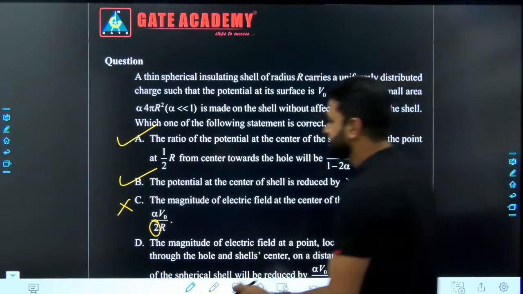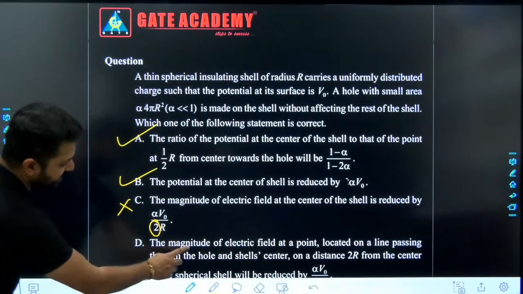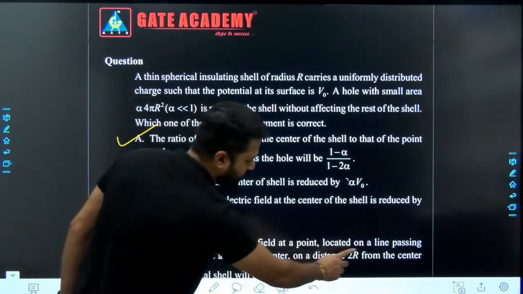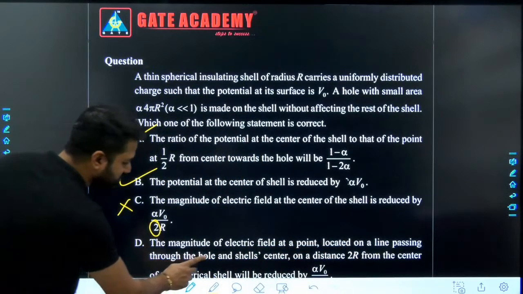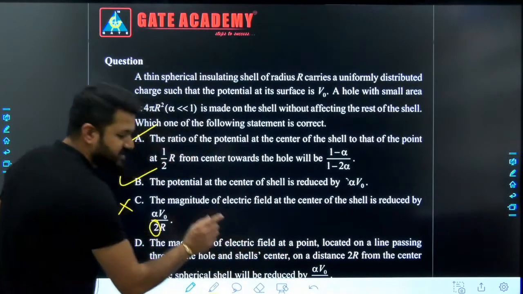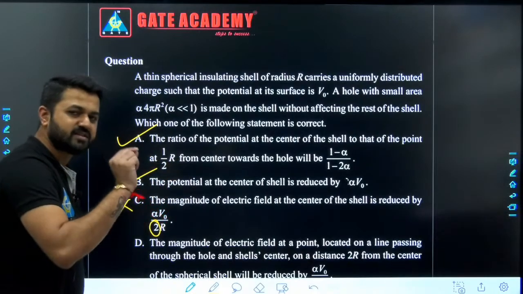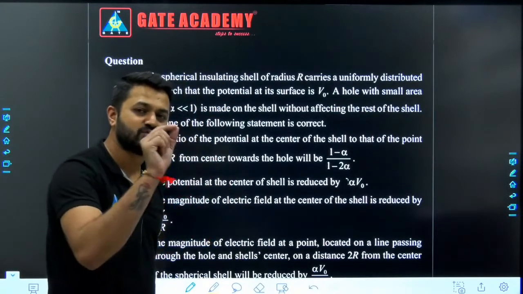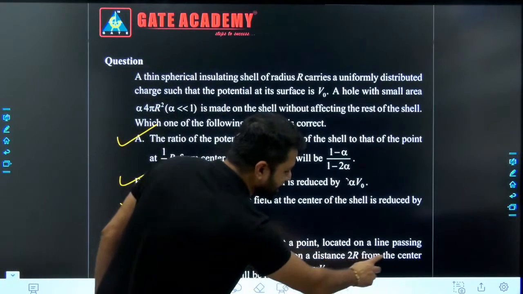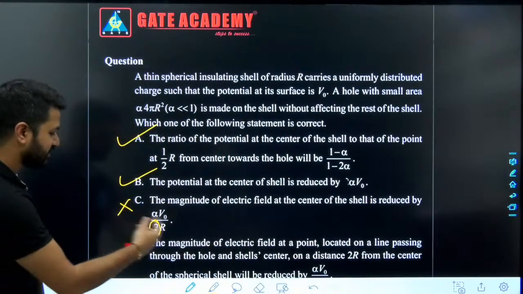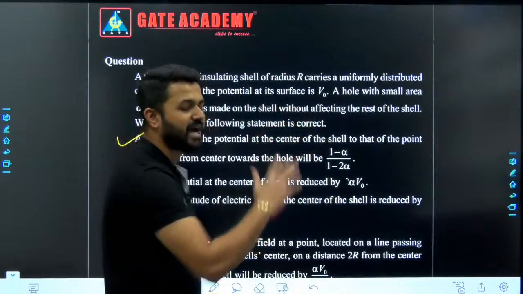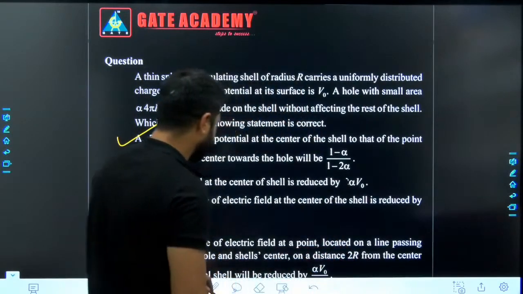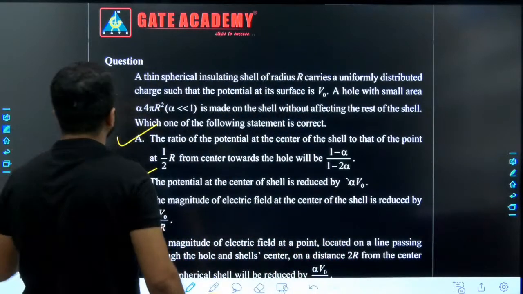Now coming to this fourth point: the magnitude of electric field at a point located on the line passing through the shell center and the hole, at a distance of 2r from the center of the sphere, will be reduced by alpha V naught by 2r. Okay, so let's solve this.